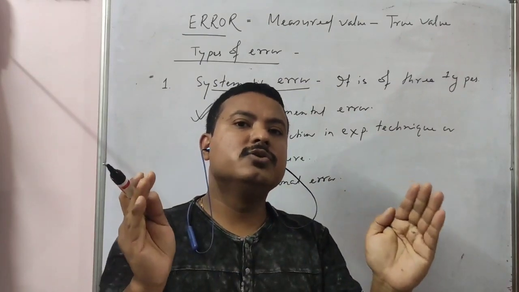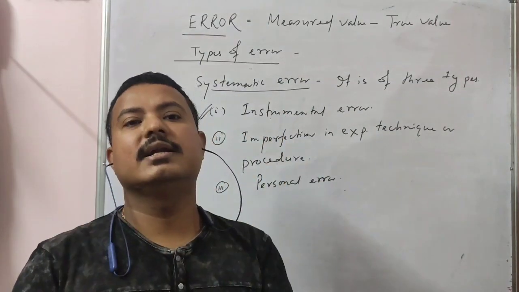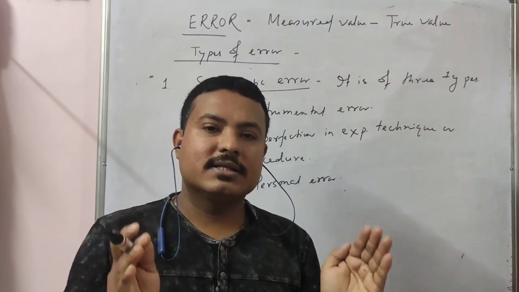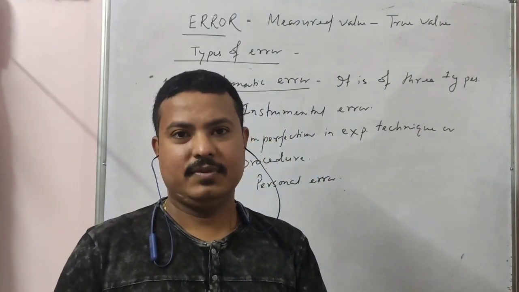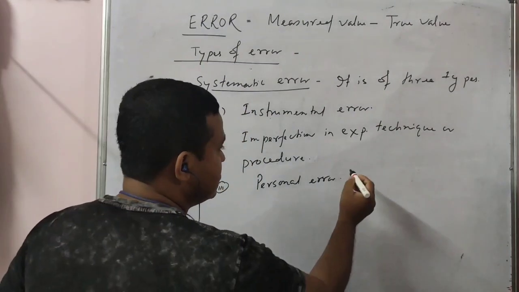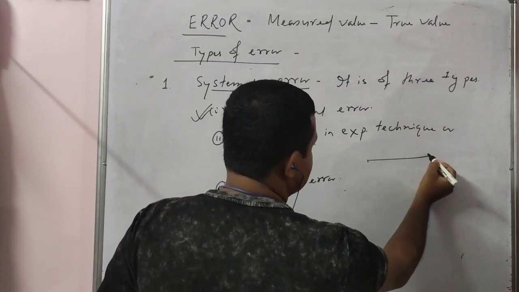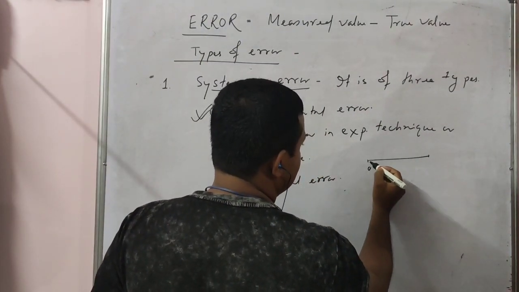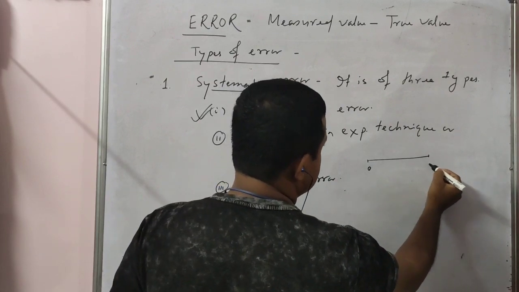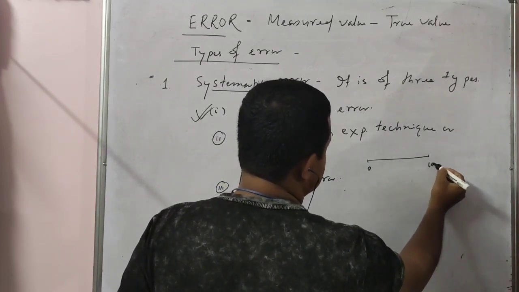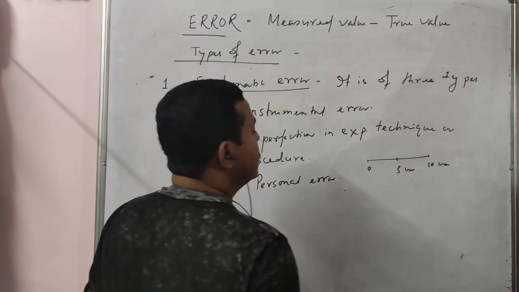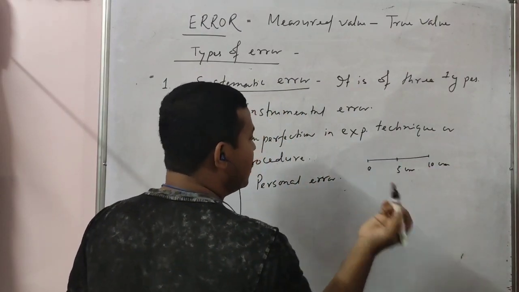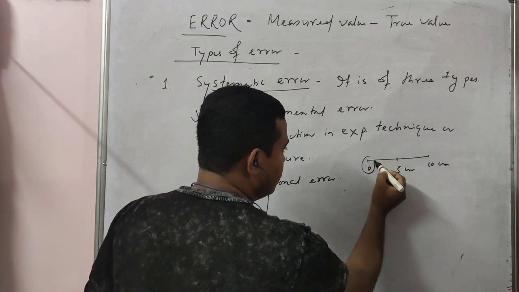Suppose we are using a scale to measure a certain length, but one part, say one end of the scale, is broken. Generally its marks start from 0 up to, suppose, 10 centimeter, 5 centimeter line. Now suppose somehow this part is broken.